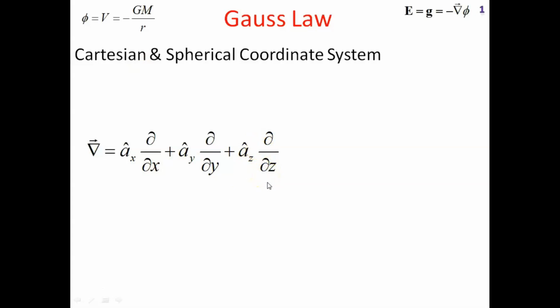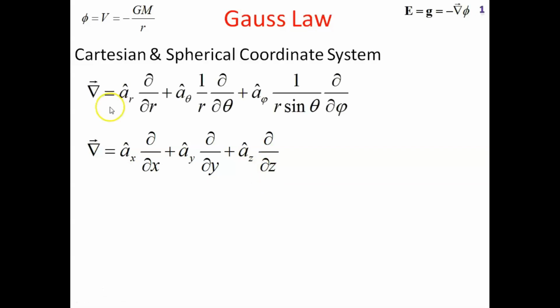So this is the directional derivative. In the spherical coordinate system, it is written as a_r cap times the partial derivative with respect to r, plus a_theta cap times 1 upon r times the partial derivative with respect to theta, plus a_phi cap times 1 upon r sin theta times the partial derivative with respect to phi.